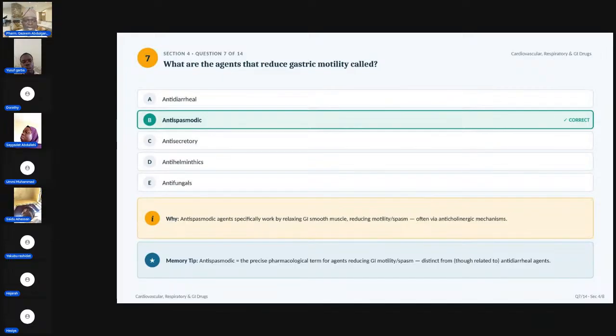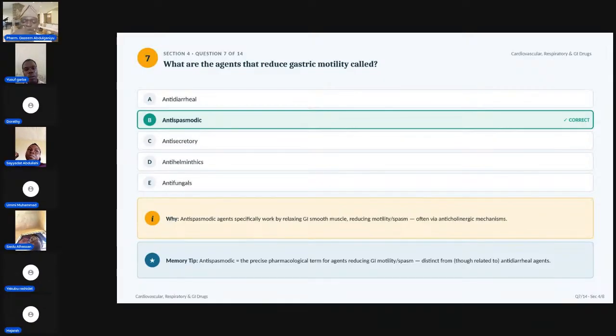So what are the agents that reduce gastric motility called? Gastric motility. A lot of you use Buscopan a lot, hyoscine tablet. Somebody is saying they have stomach pain, so you're already giving them Buscopan.